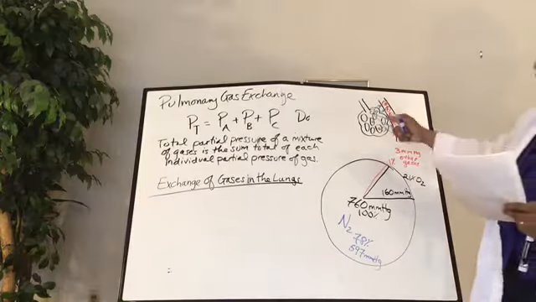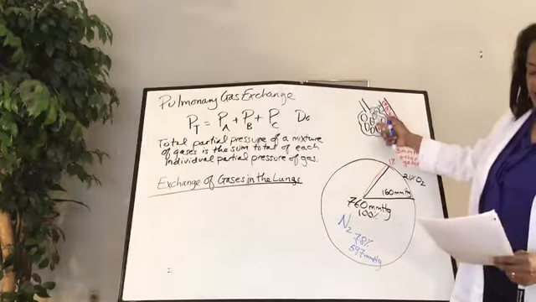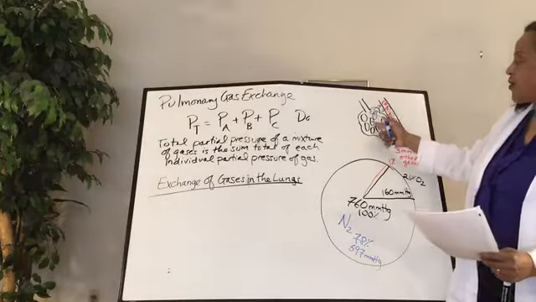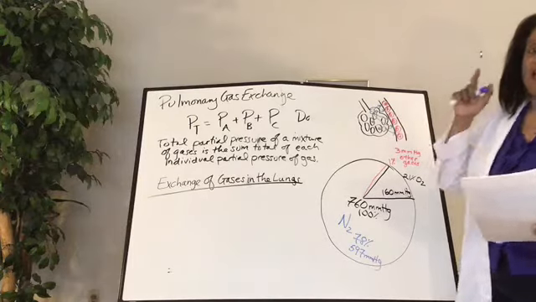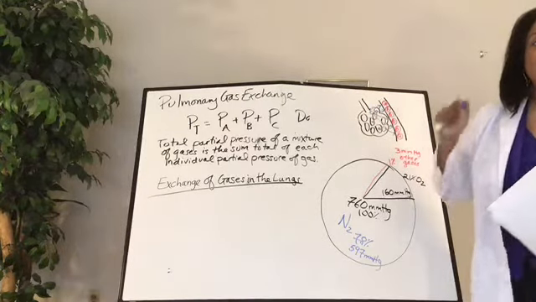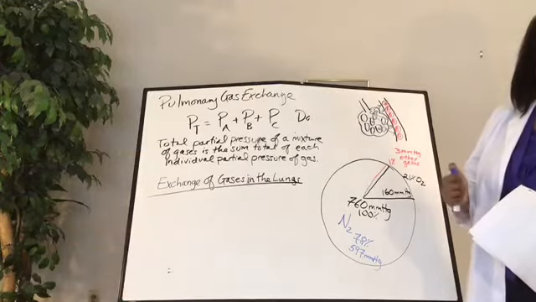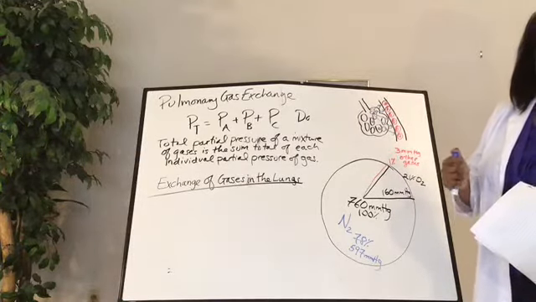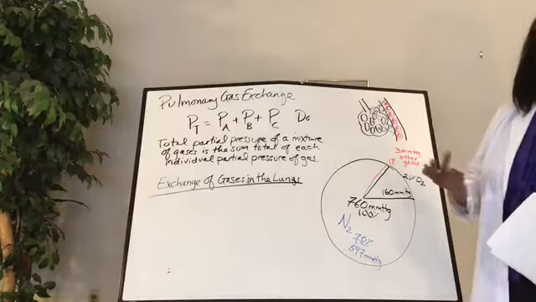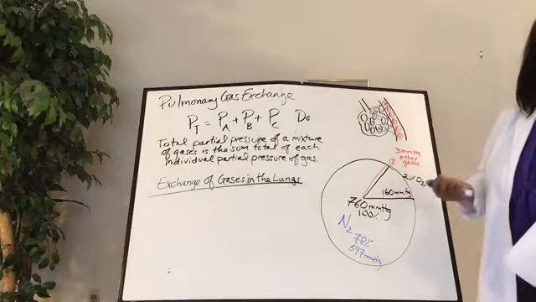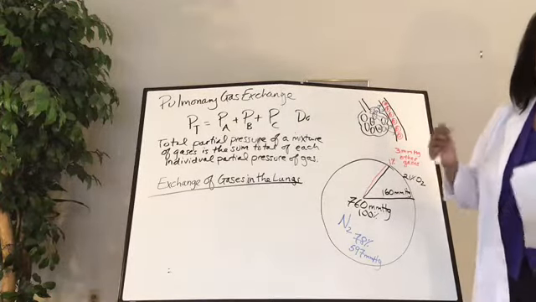Oxygen enters the blood from the alveolar air because the partial pressure of oxygen in the alveolus is greater than the partial pressure of oxygen in the blood. Remember, just like when we learned in the heart, when we did circulation, with blood being the fluid, fluid and gases have a lot of the same characteristics and properties and how they behave with pressure.